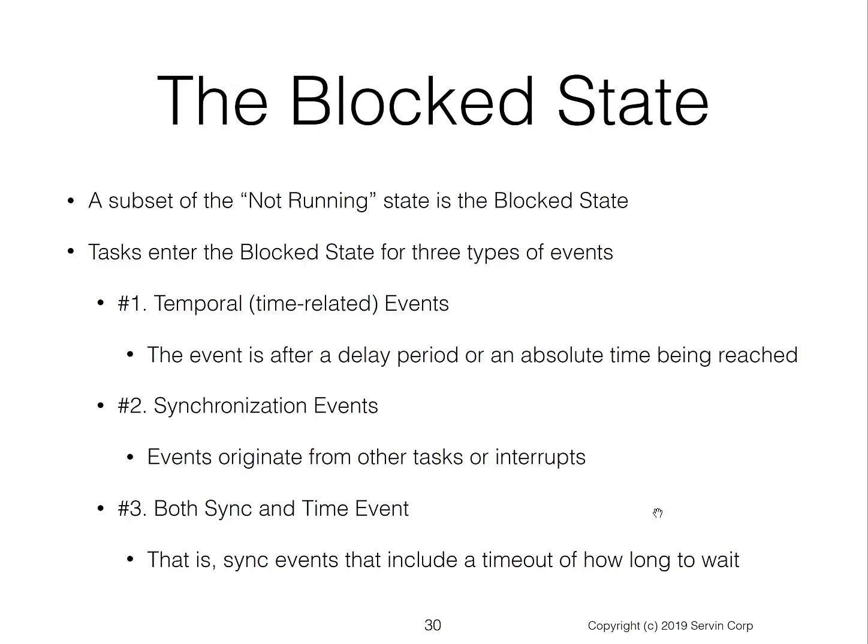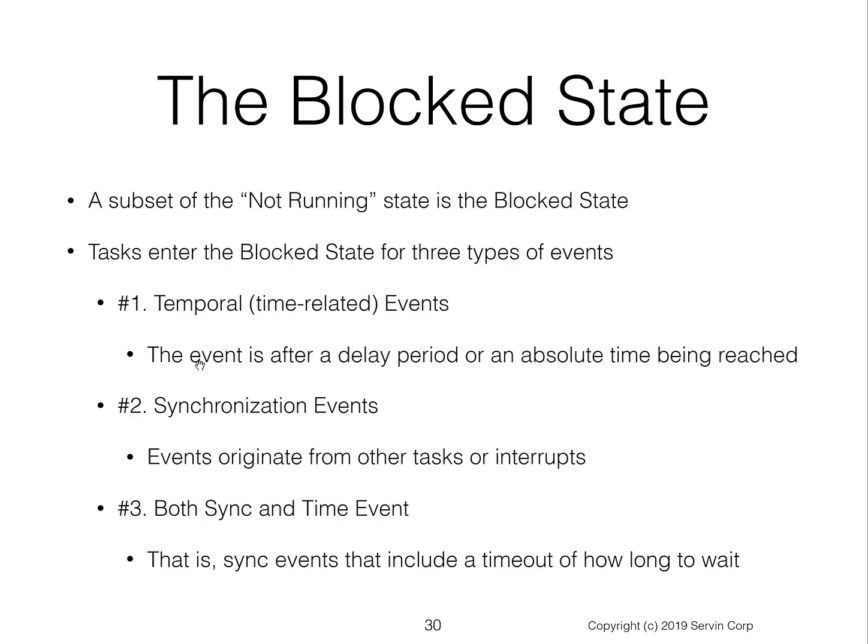The way we get around this issue is we introduce what's called the blocked state. This is a subset of the not running state. So it's still not running, but to be more specific, this will be blocked. For tasks that enter the blocked state, there may be 3 types of events that you're waiting for. The first one could be a temporal or time-related event.